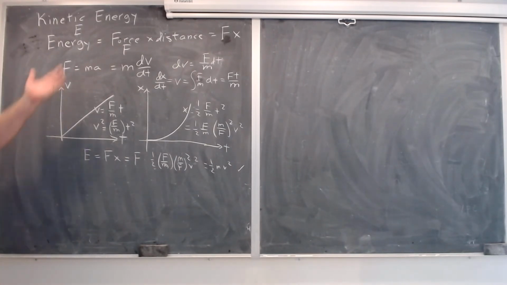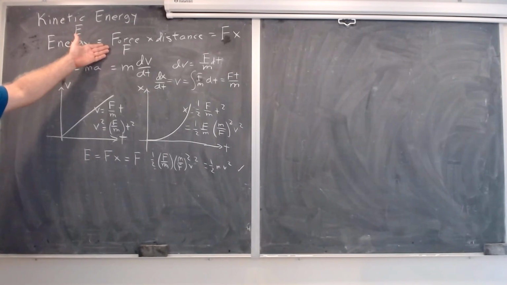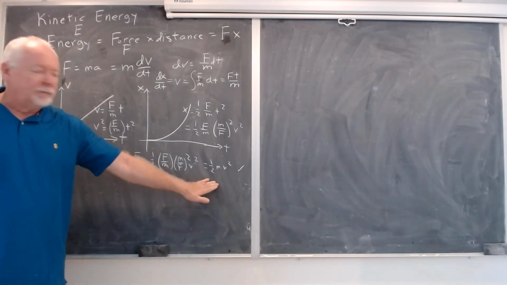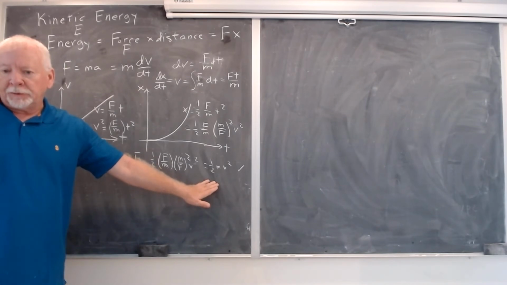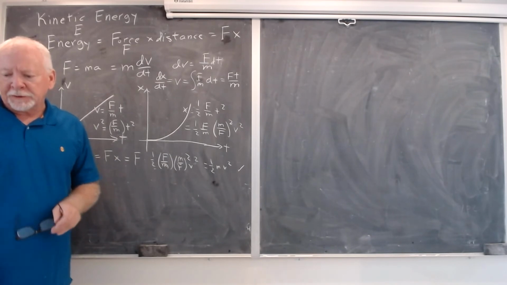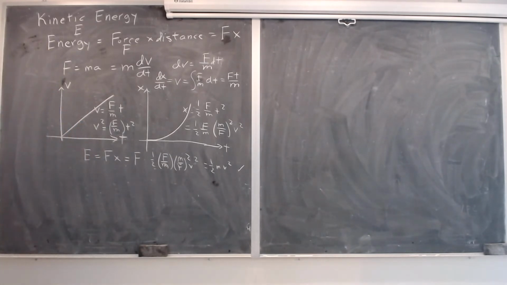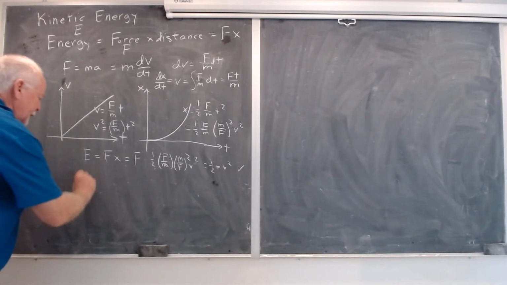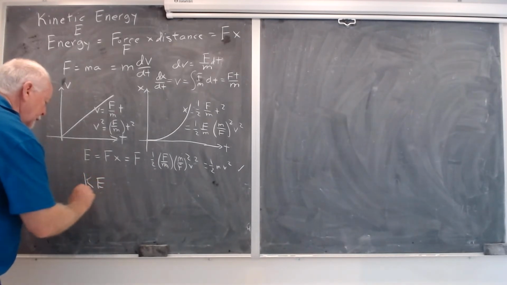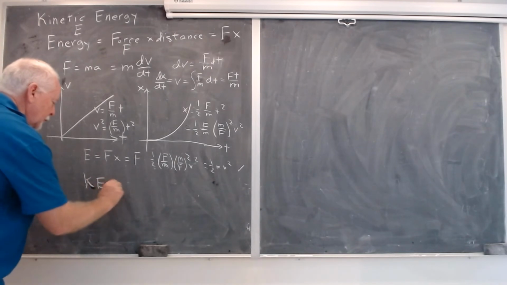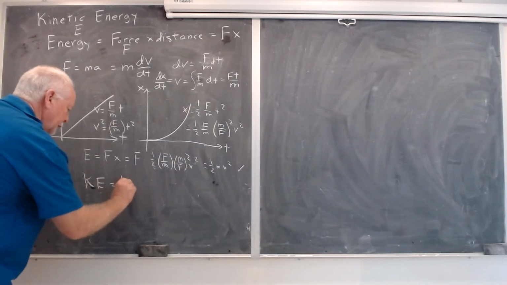That energy that you've imparted to do that, F times distance, is equal to 1/2 mv squared, based on the final velocity of the thing you've pushed. So, we've established that kinetic energy is 1/2 mv squared.